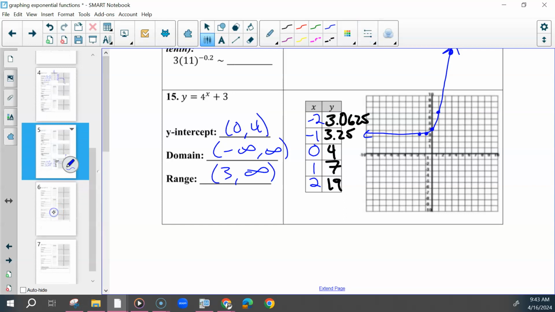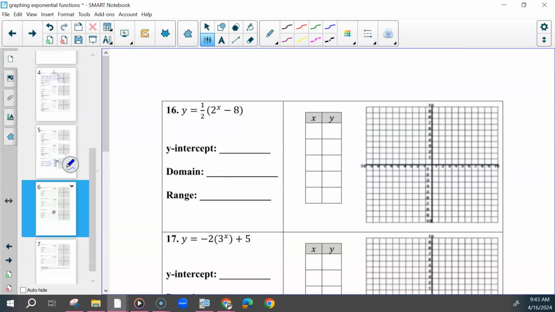Okay. Last one, number 16, is a combination of a bunch of different things. So again, let's put 0 in the middle, fill out our table. Go ahead and put that into your calculator and find your y values.